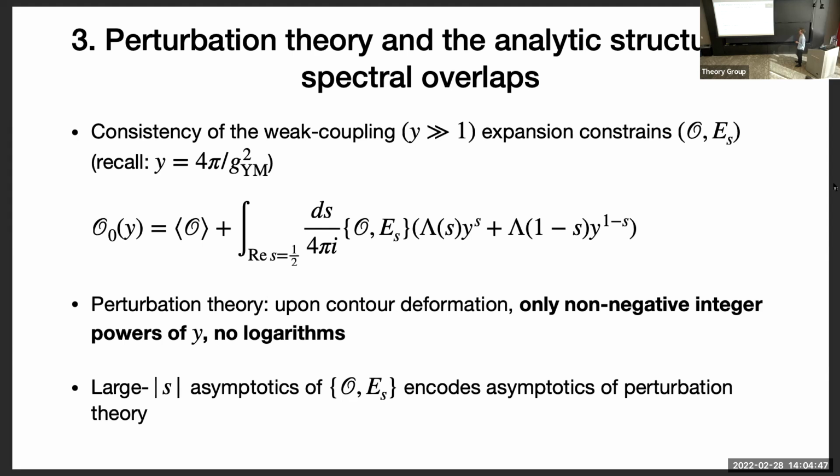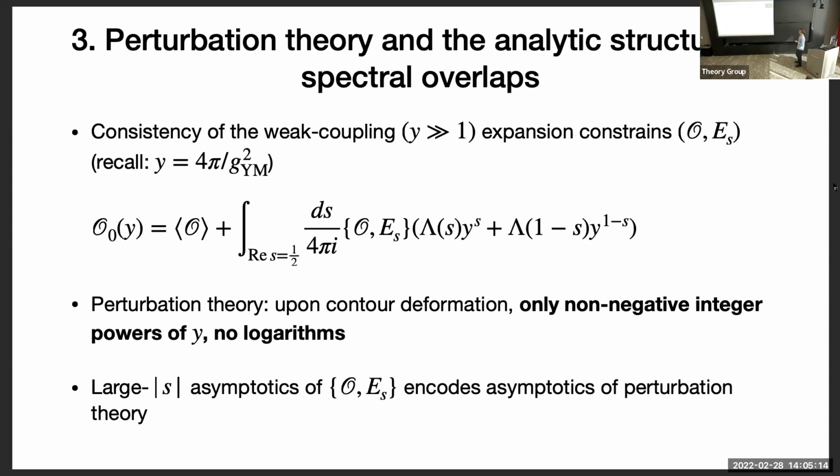So how do I develop perturbation theory? Well, I deform the contour. Remember that y is like 1 over g squared. So in the weak coupling regime, I deform the contour for this term one way and this term the other way. And the statement about the well-definedness of perturbation theory is that upon contour deformation, there can only be non-negative integer powers of y and no logs.